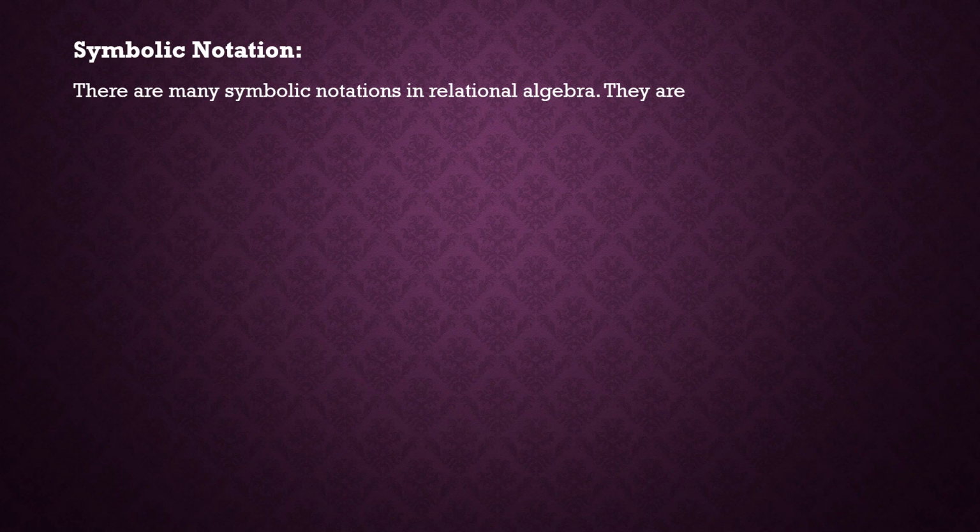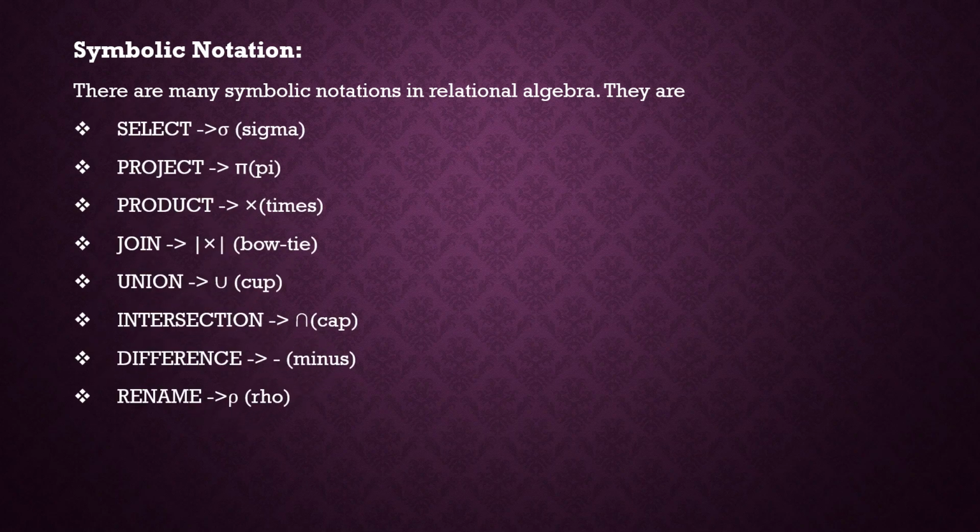Next, some symbolic notations. There are many symbolic notations in relational algebra. They are select, which uses sigma. The next symbol is project, which is represented by pi.